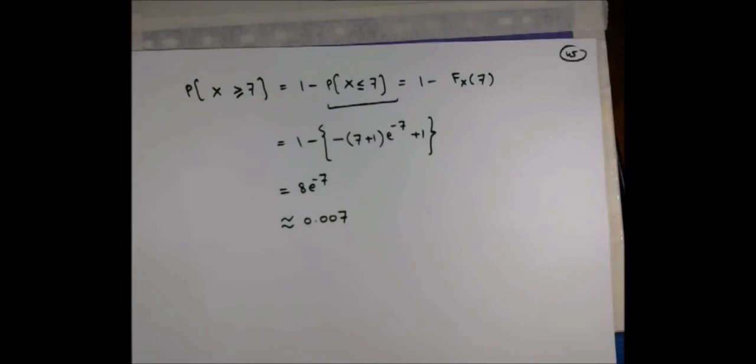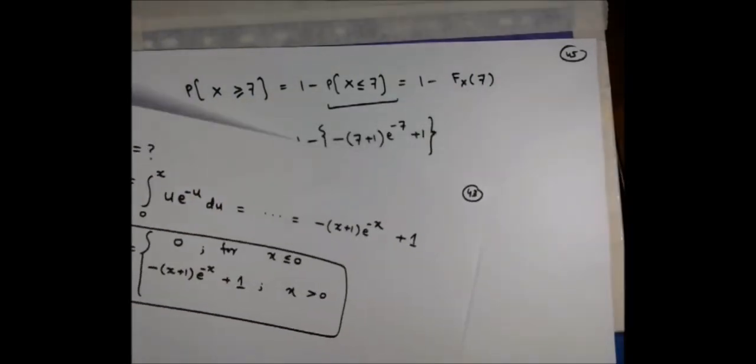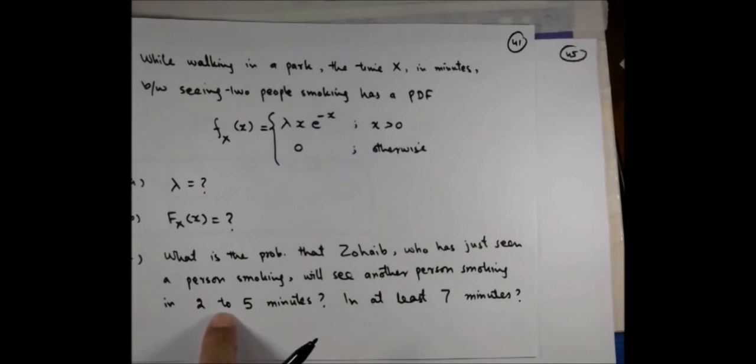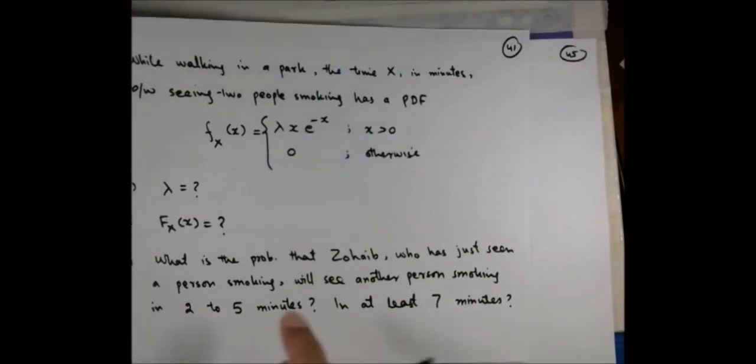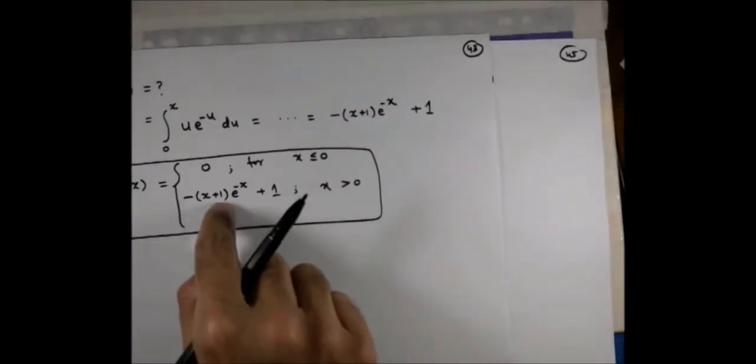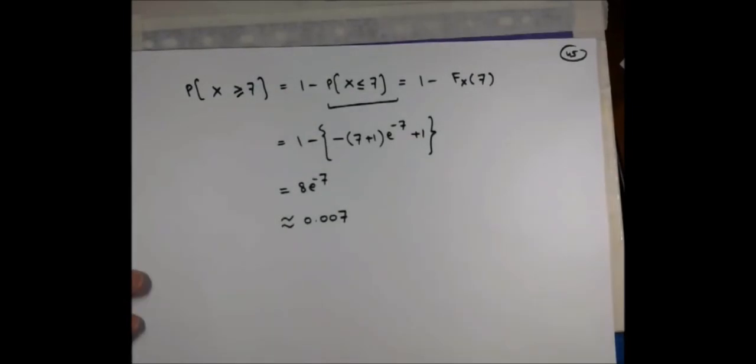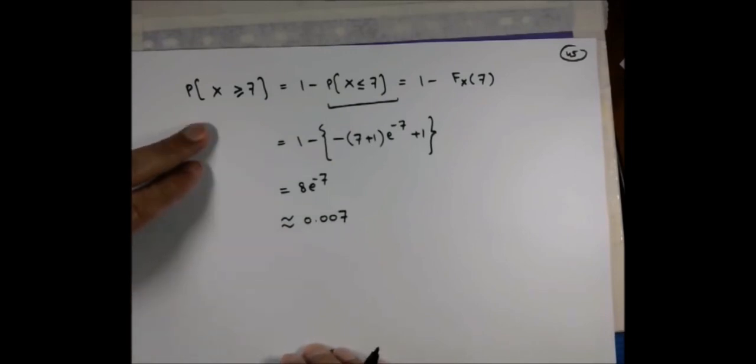Now, you have seen that we have been able to find these two probabilities of interest through the CDF expressions. Now I'll show how we can find these probabilities of interest through the expression of PDF.